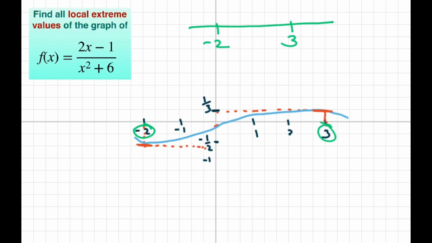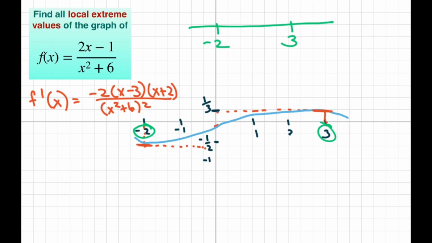And our derivative was f prime of x equals negative 2 times (x minus 3) times (x plus 2), divided by (x squared plus 6) squared. So all we have to do is substitute in some values. This is your x-axis, so let's substitute in negative 3.